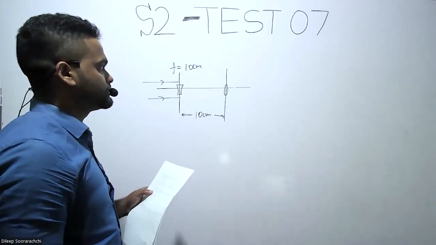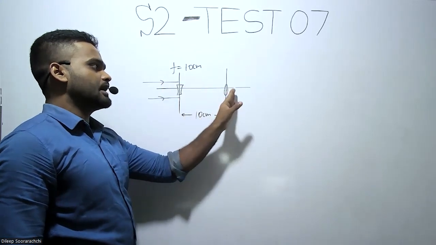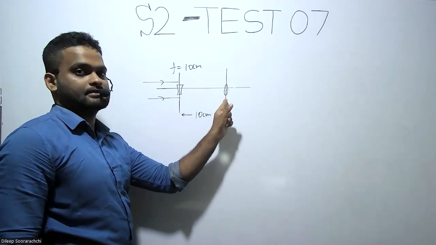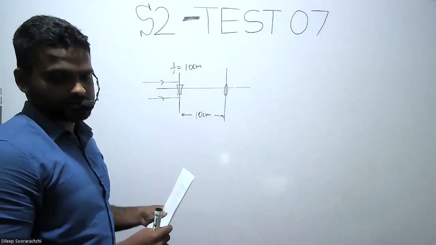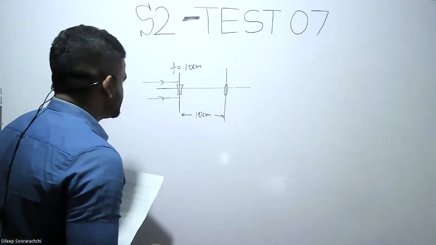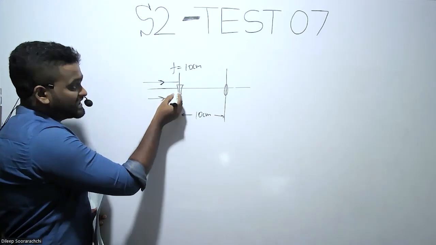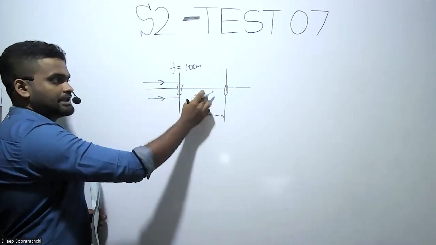Right? So that means the image formed by the concave lens has to be created on the secondary focus of the convex lens. Right? Okay. So if this is the case, we know that for a concave lens, images are always formed here. Not here.